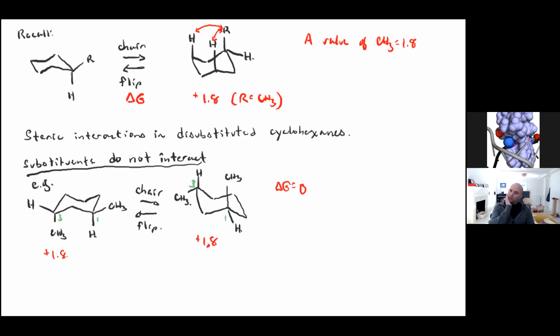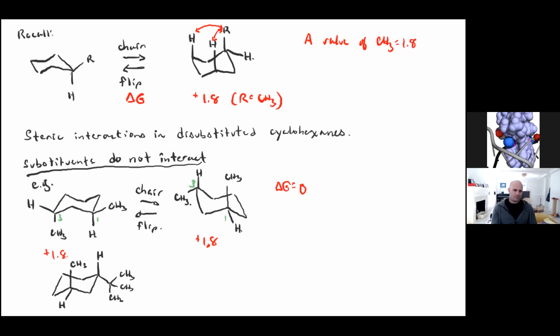Another case is where you have two substituents non-interacting, but they're different. And so an example of that would be tert-butyl methylcyclohexane. So let me draw that. Okay.